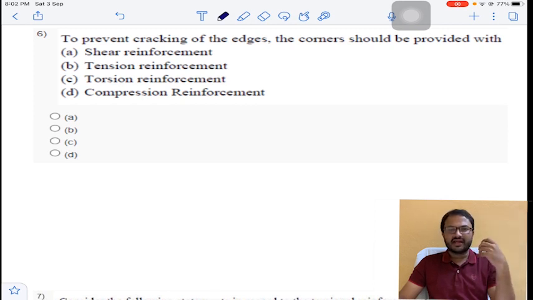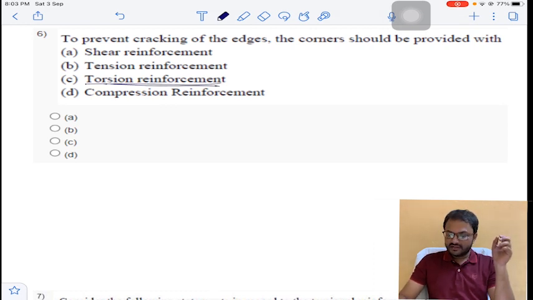To avoid this cracking, we need to provide torsional reinforcement. That is, the corners are subjected to twisting moments. To resist this twisting moment, we need to provide reinforcement at the corners. That particular type of reinforcement is called torsional reinforcement.